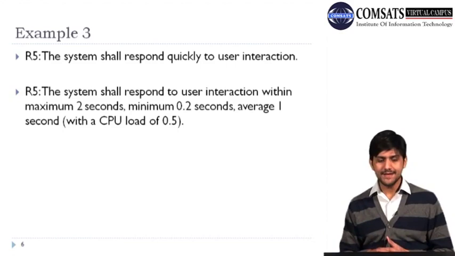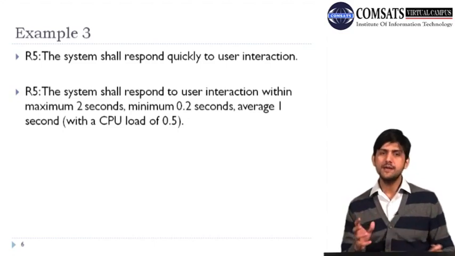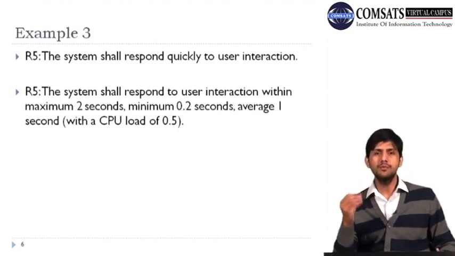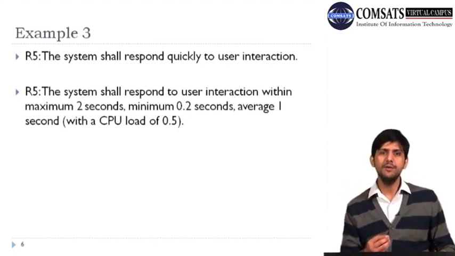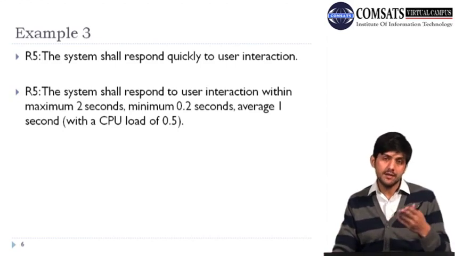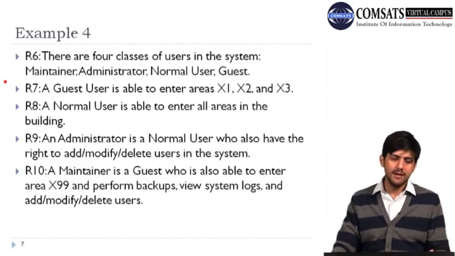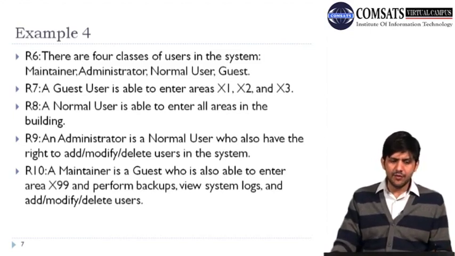Minimum 0.2 seconds, average 1 second, with a CPU load of 0. We are putting a lot of detail here, and the purpose is to remove all the ambiguities from this requirement. We want our requirement to be testable and verifiable as well. So that is another difference between a bad and a good requirement. And let's see a few more examples.